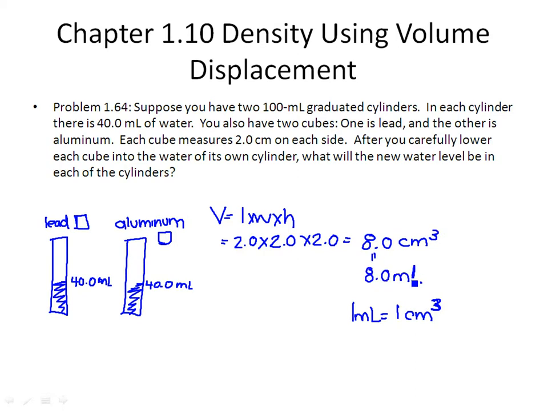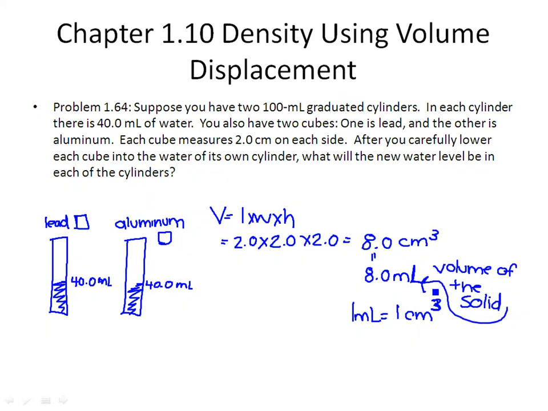If you look back at this section, it tells you that when a solid is submerged in water, it displaces a volume equal to the volume of the solid. So we have now come up with the volume of the solid, and that is 8.